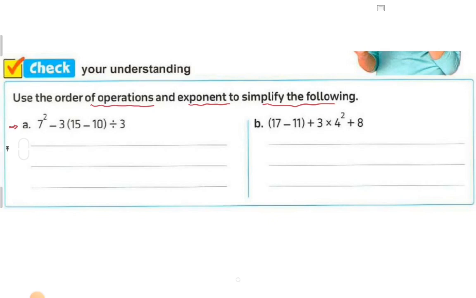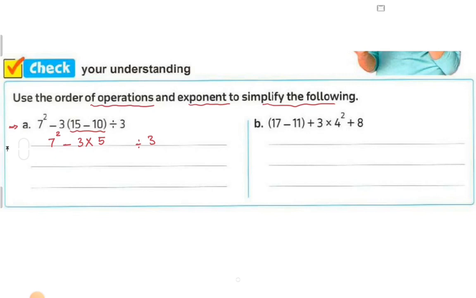Remember our order of operations: start with what? Parentheses. The parentheses has 15 minus 10 equals 5.